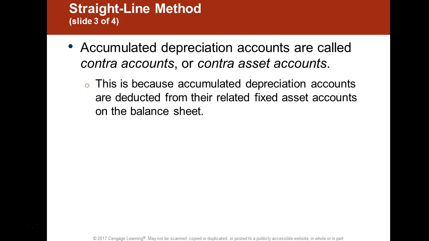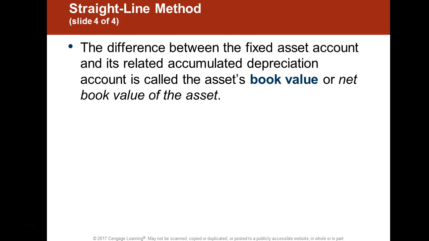Just knowing what they are and what they mean and how they look on the financial statements can really be helpful to you. In the case of depreciation, you're going to have a depreciation expense, a debit, and then your offset or your credit is going to be accumulated depreciation. Your accumulated depreciation will be shown on the balance sheet as a contra to the asset to which it applies. So the difference between your asset's historical cost and the accumulated depreciation for that asset is called your book value.